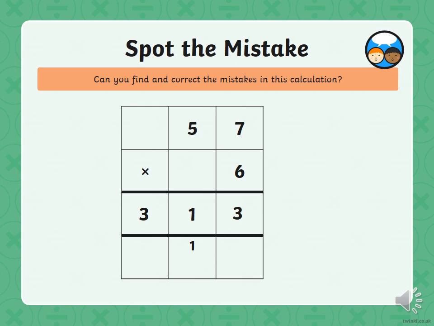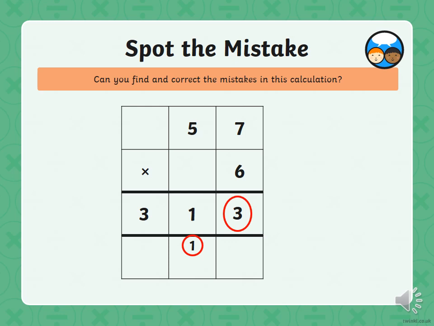So let's start off with the ones column. So 7 times 6 is 42. Well done. So they have worked out the wrong calculation. Okay, so once they've got the 42, that 3 should be a 2, the 4 needs to be carried over.